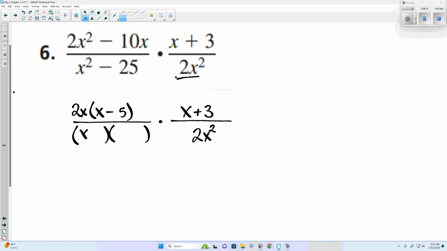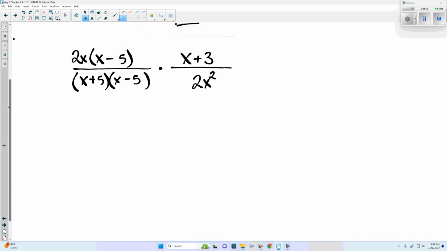X squared minus 25 is a difference of perfect squares. X plus 5, x minus 5, guys. Now at this point here, we can multiply this together. So the numerator would be 2x times x minus 5 times x plus 3.